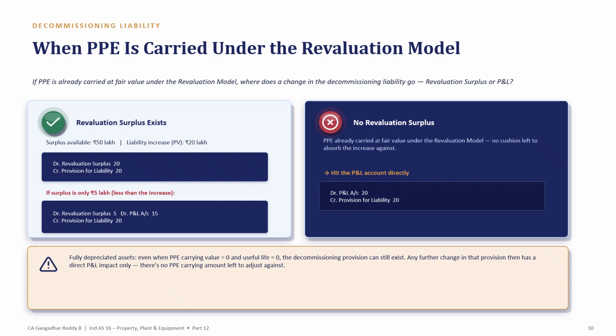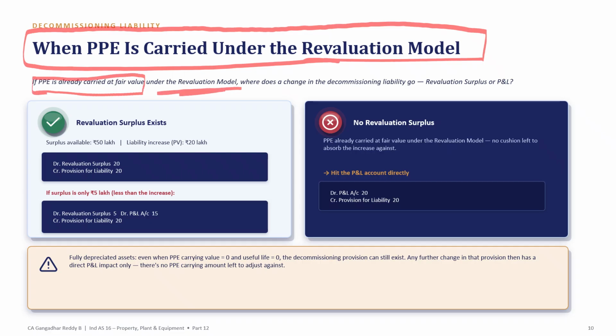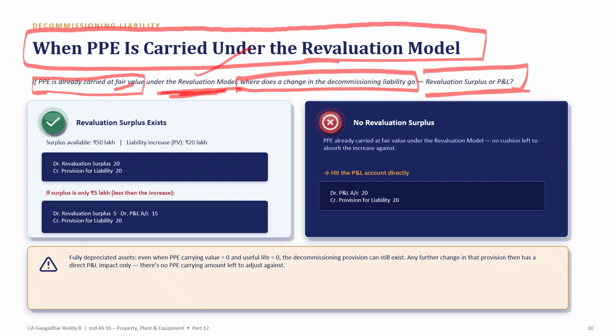Suppose in the same example, your PPE is under the revaluation model. I am just changing the example. If your PPE is already carried at fair value under the revaluation model, because you always revalue your asset, you are always at fair value. So any change in the decommissioning liability will go to revaluation surplus or the P&L account based on the situation.